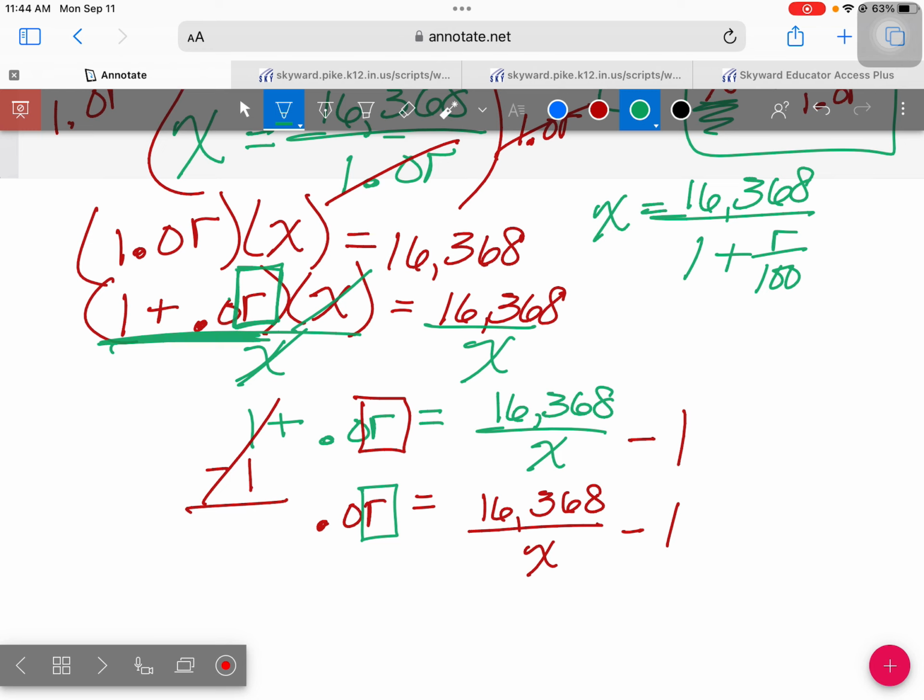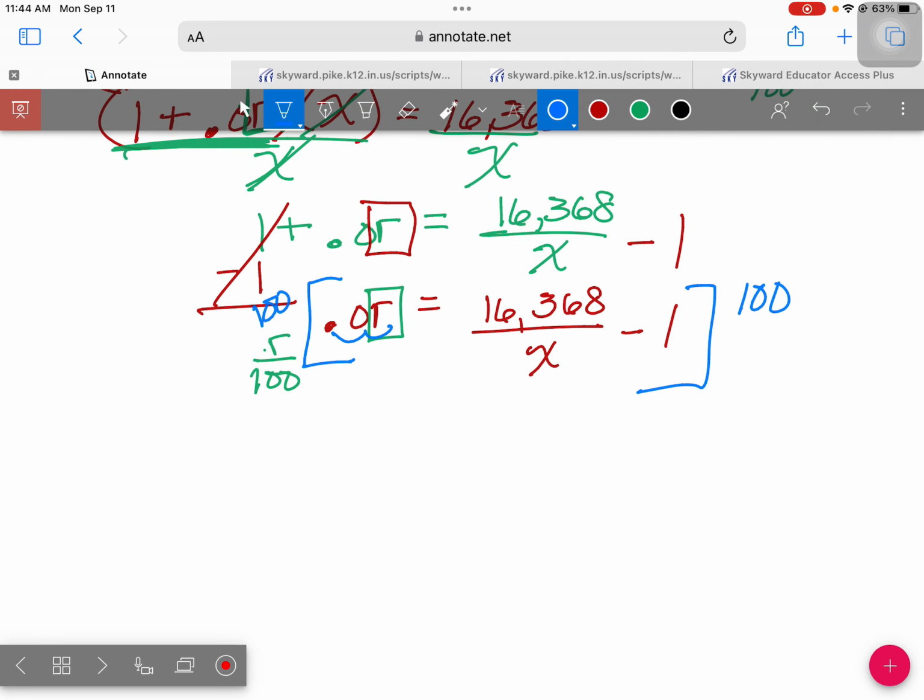So you want to multiply by 100, which is going to move your decimal point 2 places over and give you r. So we multiply this whole thing by 100. The hundreds move the decimal place over, and I get r equals 100 times 16,368 divided by x minus 1.